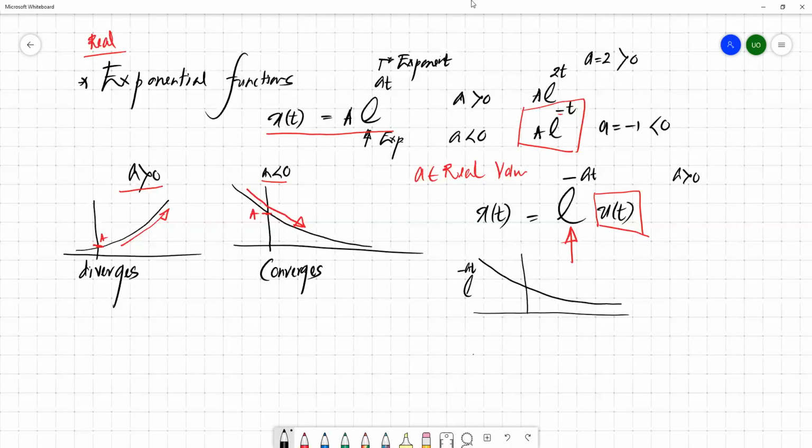Again, we know that the unit step is something like that. So this is u(t) actually.